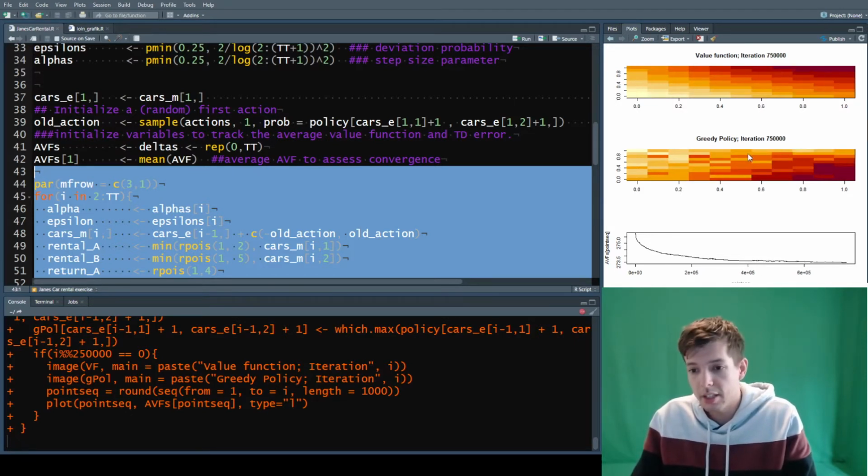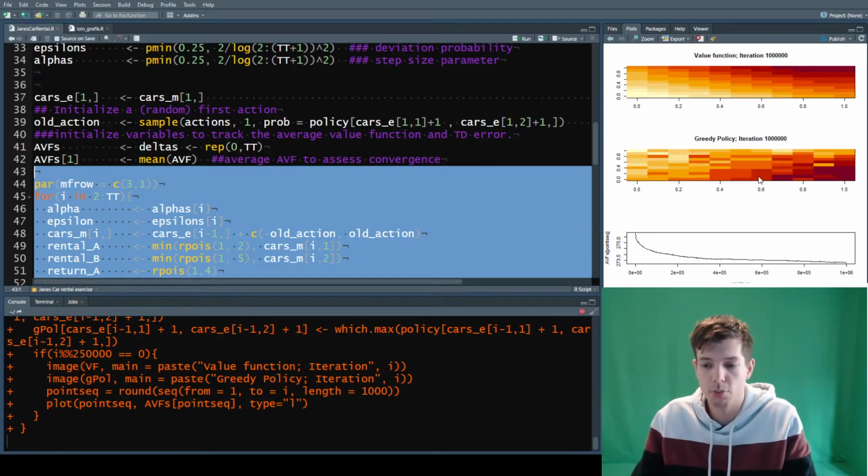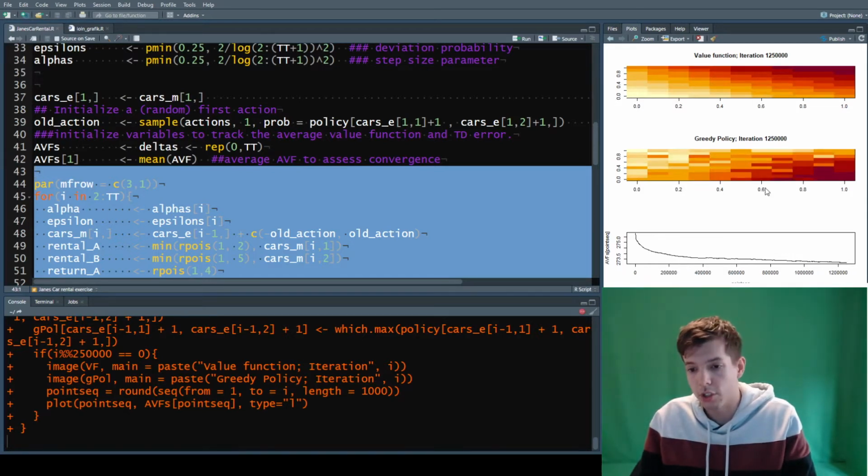The policy, on the other hand, is much noisier, and it will be much noisier all the time. So although the value function already looks pretty decent and pretty smooth, the policy function will be much noisier, and we will not see a smooth policy function here.